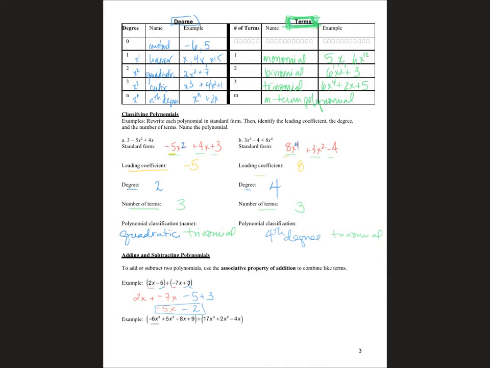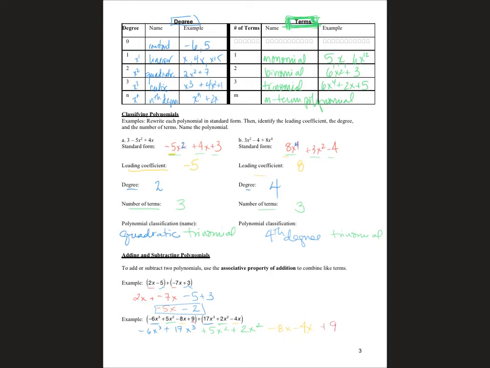So I have x cubed, so that's negative 6x cubed plus 17x cubed, and then I have squared terms, plus 5x squared plus 2x squared, and then I have x to the first power, negative 8x minus 4x, and then I have a little constant I can't forget.